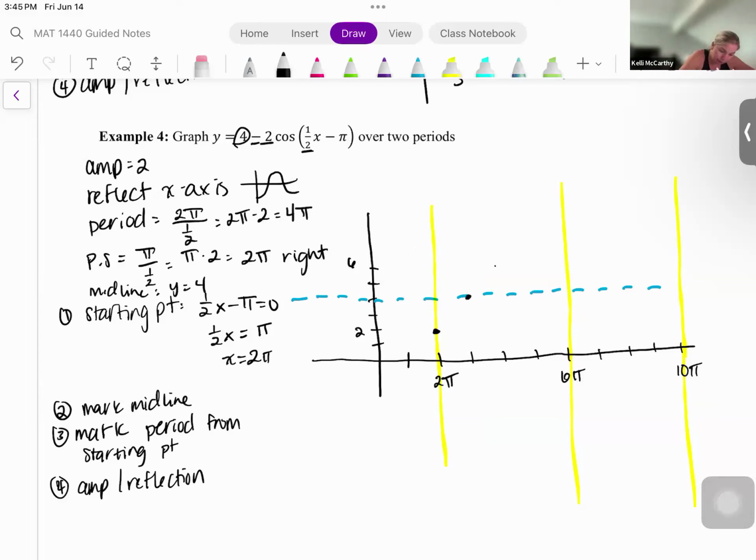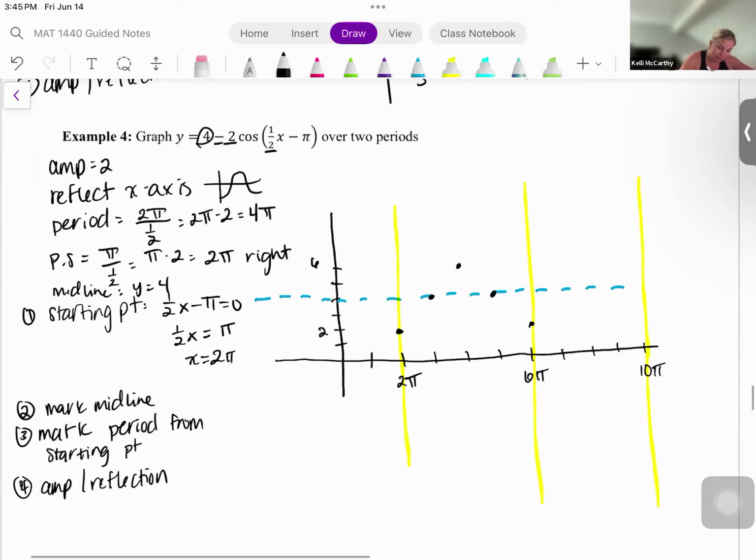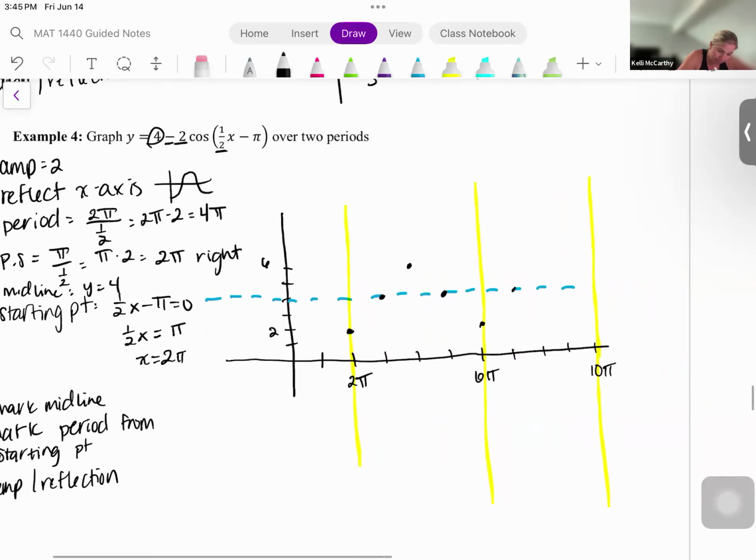Then we go to our maximum. Then we're back to our midline. Then we're to our minimum. And now we repeat. We're back at our midline, maximum, midline, minimum. And there's our graph.